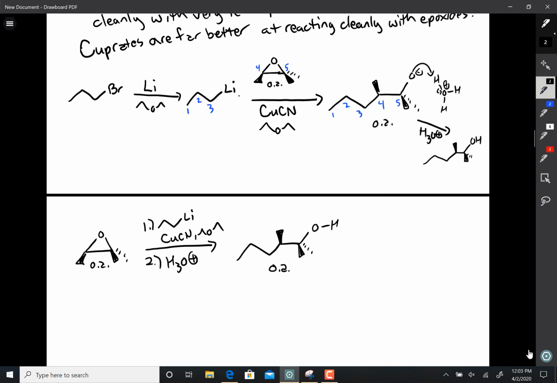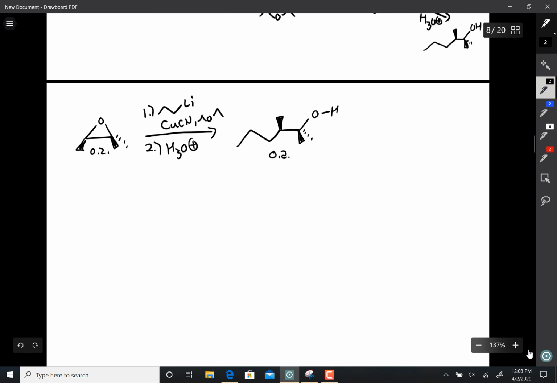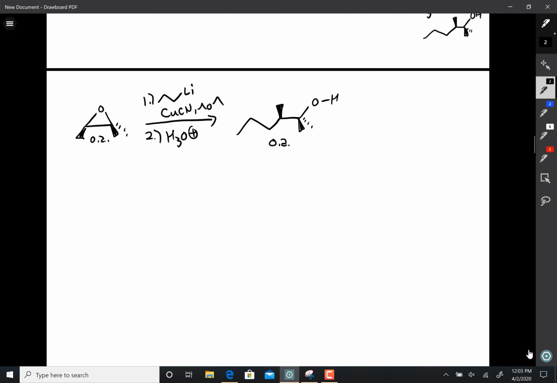Now, to show you something neat, confusing, and important. It's an SN2 reaction, so the alpha carbon is inverted. So, if we take a look at the alpha carbon that was attacked, that's that carbon right there. We figure out R and S on it. 1, 2, 3. That's an R chiral center.